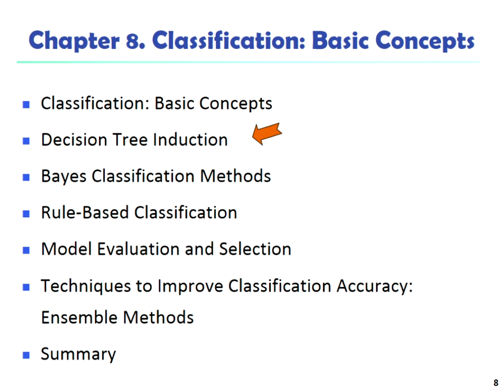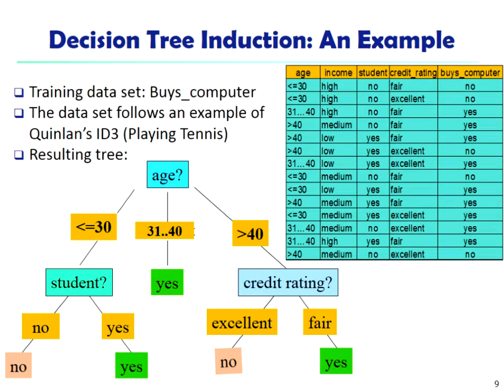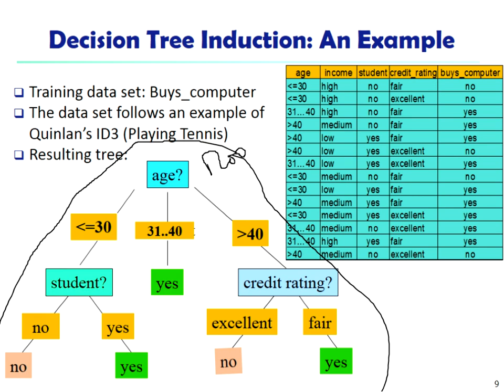In the decision tree, our model is represented as a tree. Yes, here. All this represents our model.